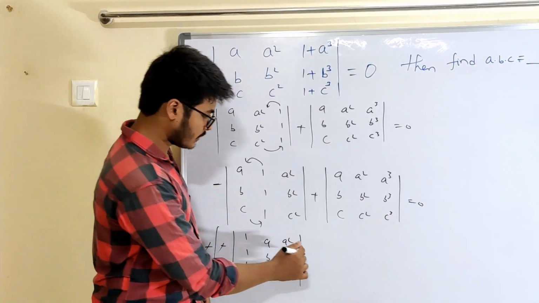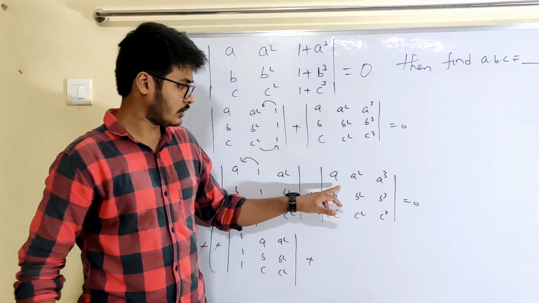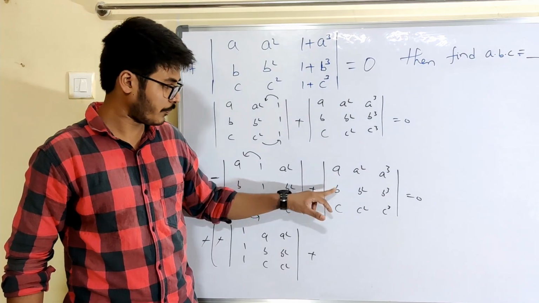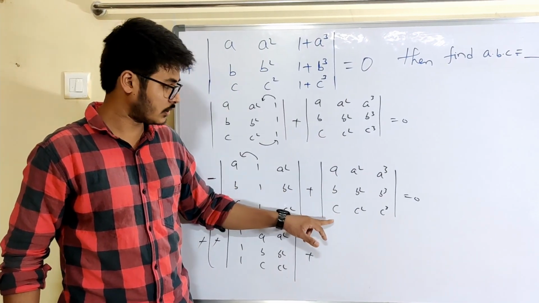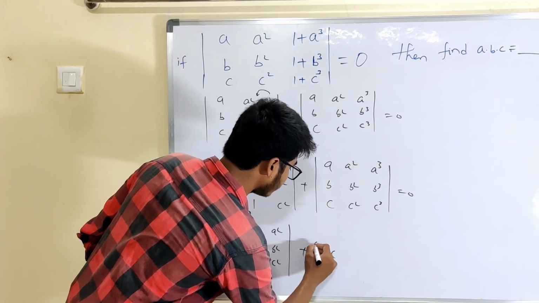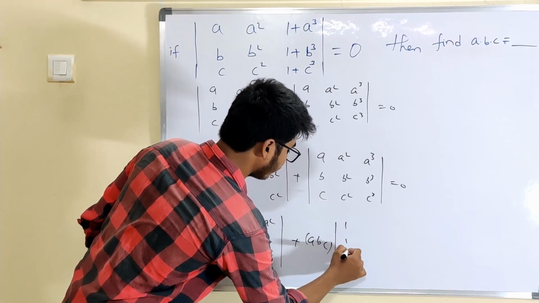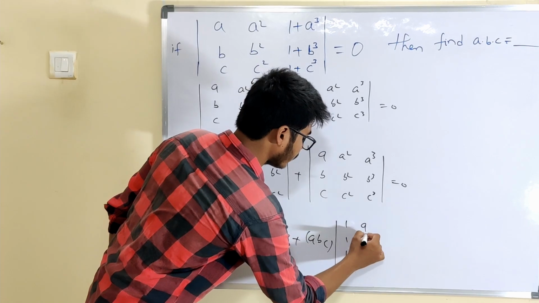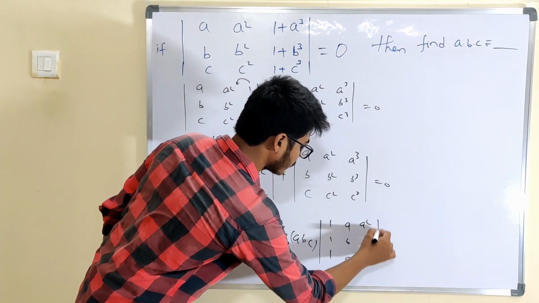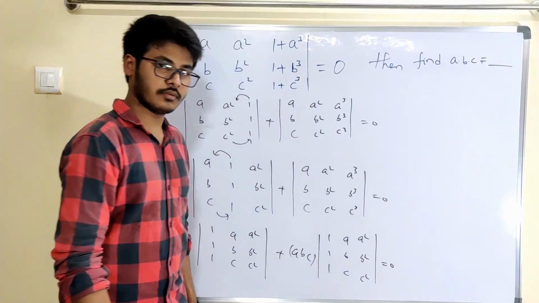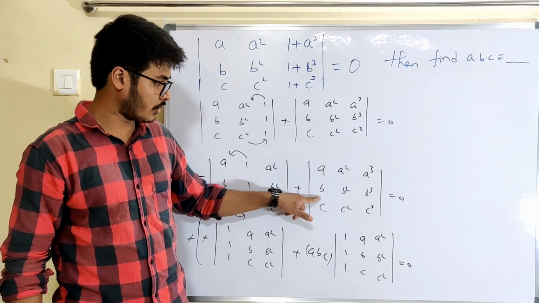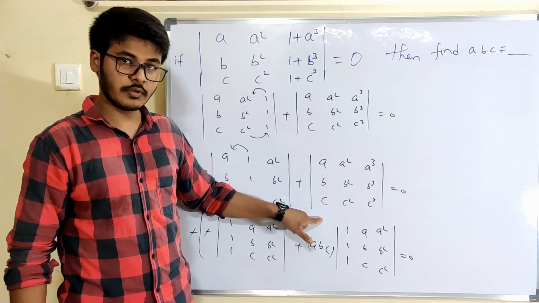So next, as you can see, we can take a common from the first row, b common from the second row and c common from the third row. So abc into 1 1 1, a b c, a square b square c square is equal to 0. Here we have taken a common from the first row, b common from the second row and c common from the third row.